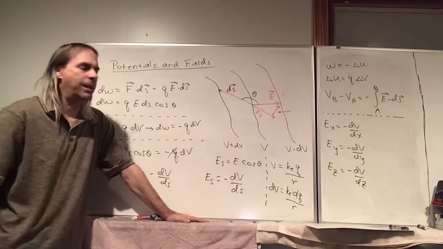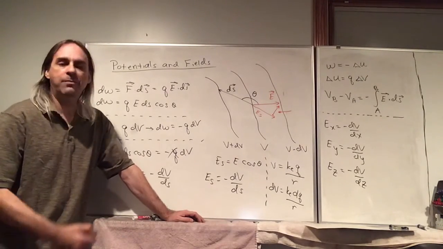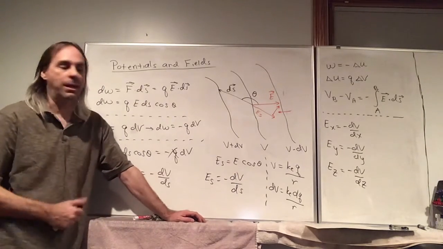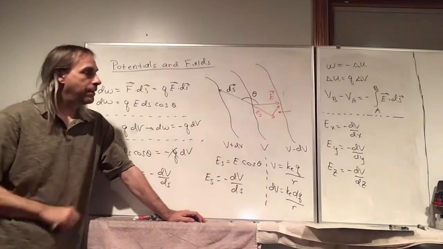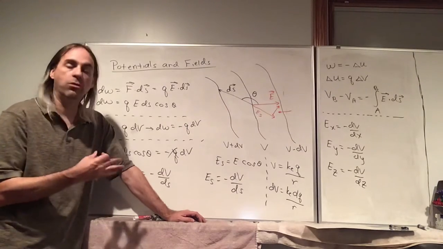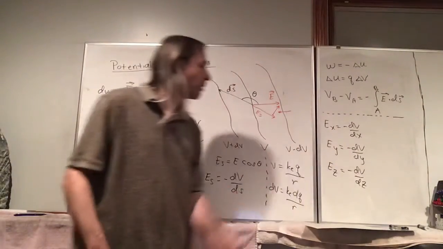And usually taking derivatives is not that complicated. So it's kind of like breaking up a problem into two pieces, but the second piece is kind of trivial. So usually this is a better way to find the electric field, by finding the potential first. So this is a very important relation.